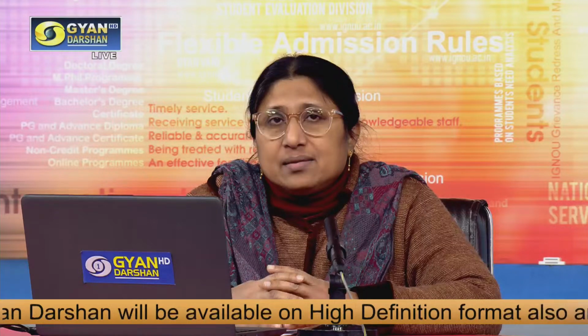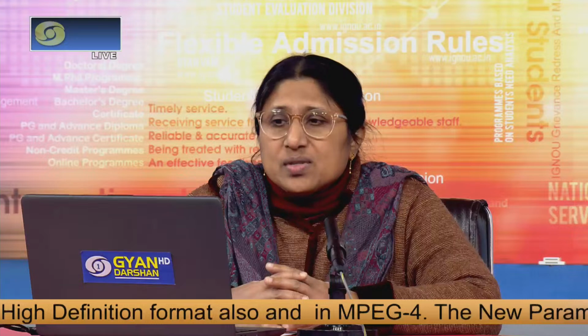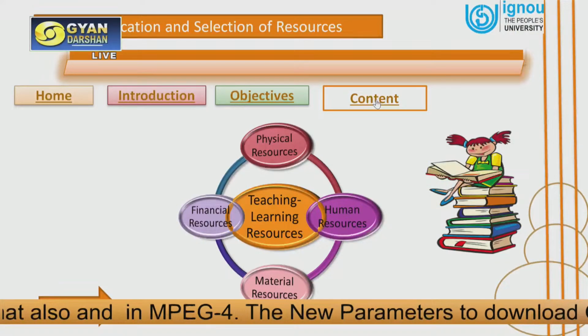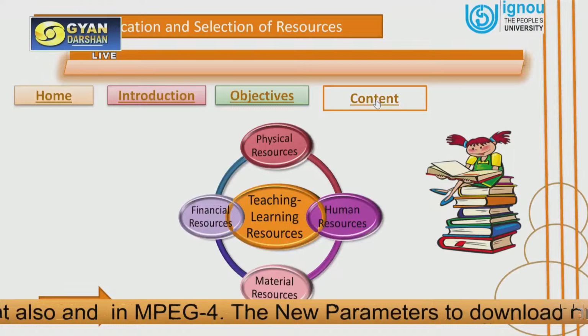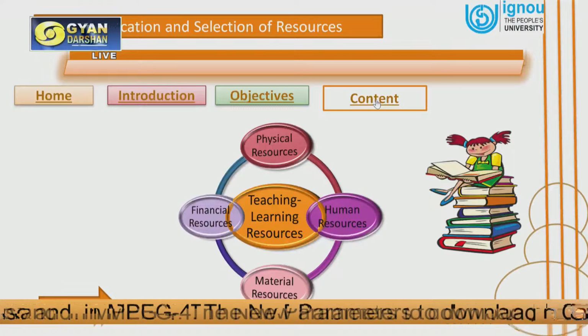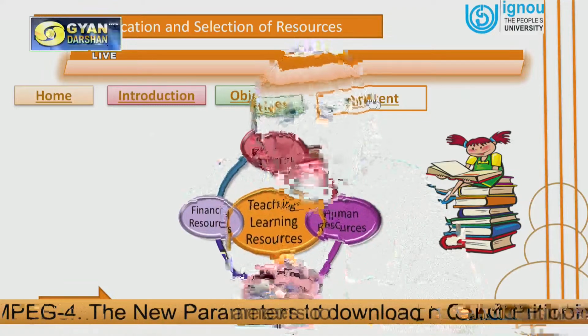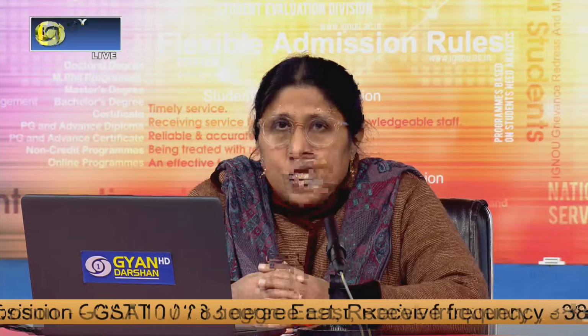We can classify the resources as physical resources, human resources, material resources, and financial resources. Let us know that the human resources include the teachers, the students, the staff, the menial staff, the supporting staff.